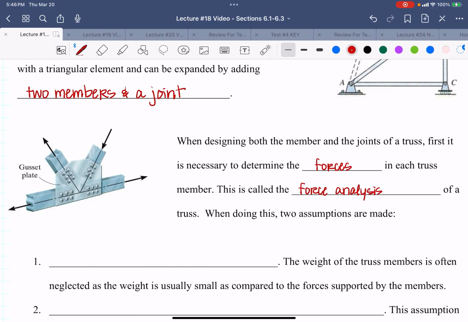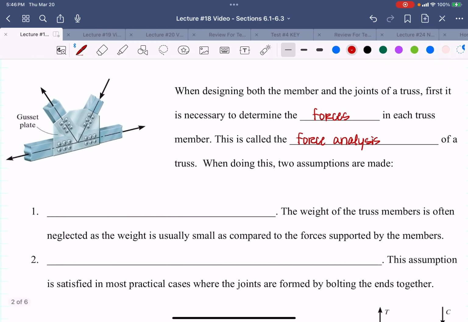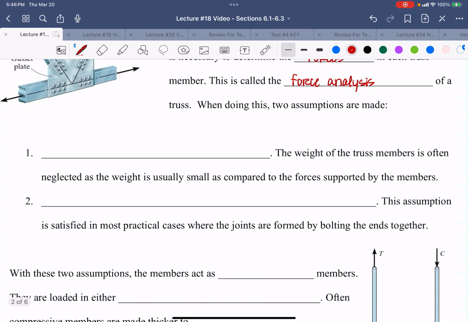And when doing this, we make two assumptions. Our number one assumption is that all loads are applied at the joints. So we don't have any loads in between joints.